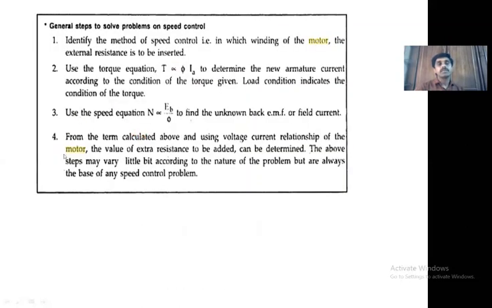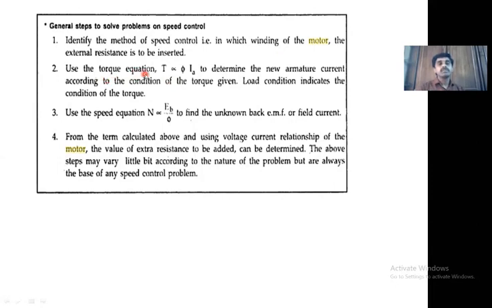What are the general steps to solve problems in speed control? First, identify the method of speed control, whether it is the flux control method, the armature voltage control method, or the rheostatic control method. Observe in which winding of the motor the external resistance is to be inserted.